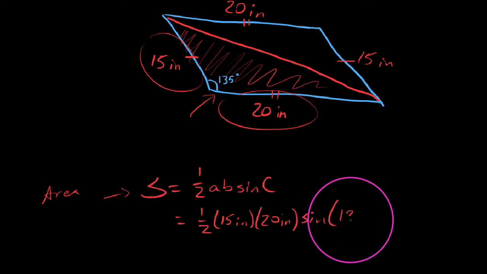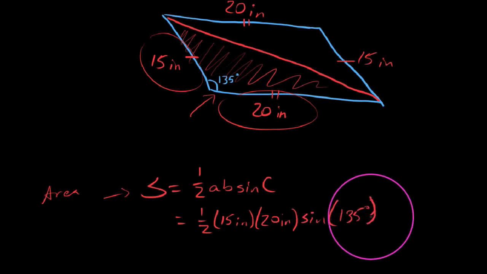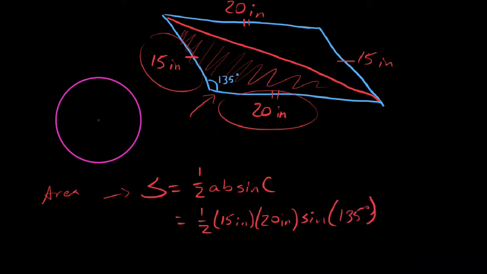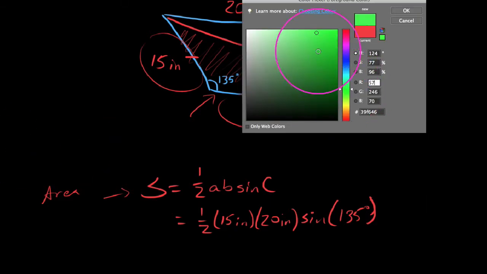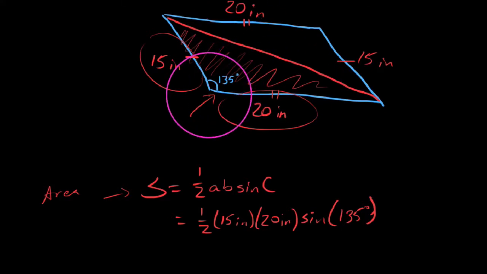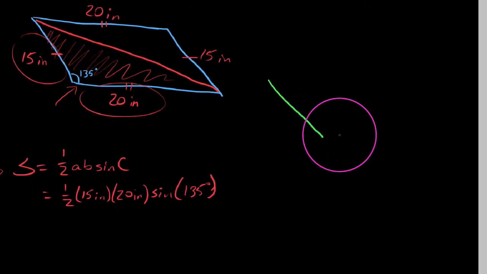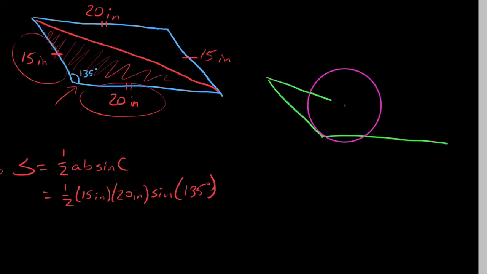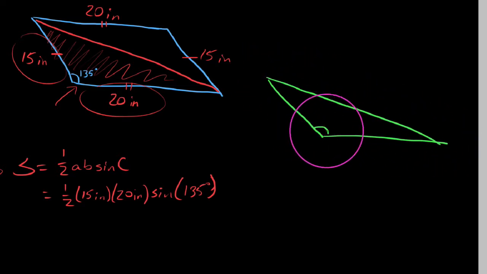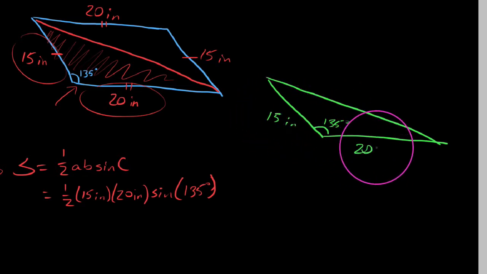So 135 degrees. One thing that I haven't done in this video that I'm going to do now, because it's something that I preach quite often, and it's going to be really helpful for you to see where I got my values from, is this. What if we take this triangle over here and sketch it off to the side? This isn't a perfect replica, but this angle is 135 degrees. We also know that this is 15 inches, as well as 20 inches here. Let's label out the sides.